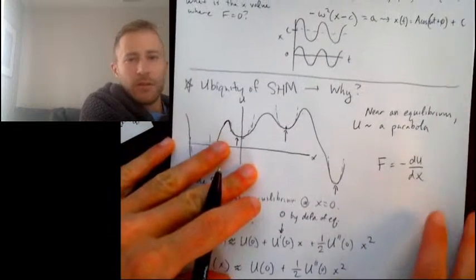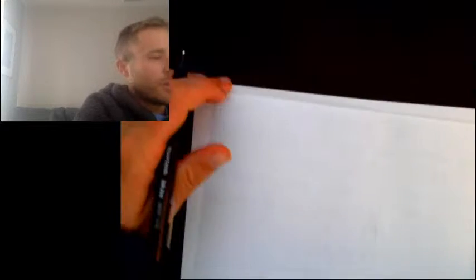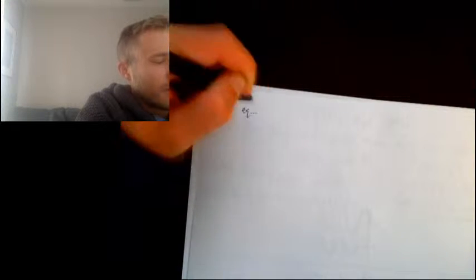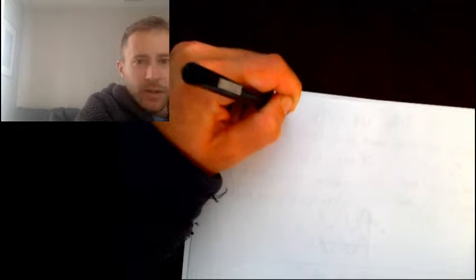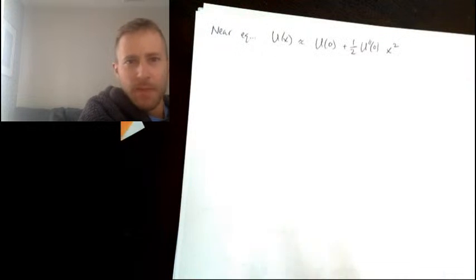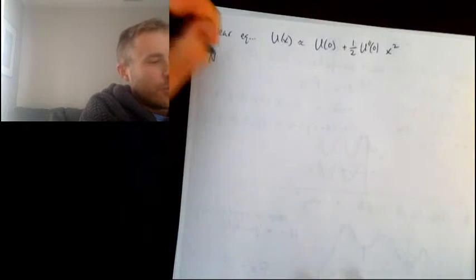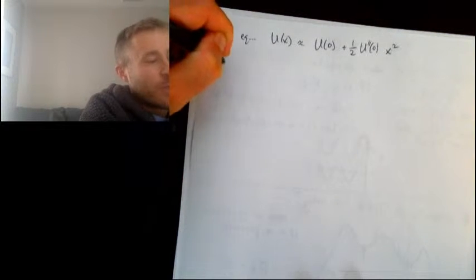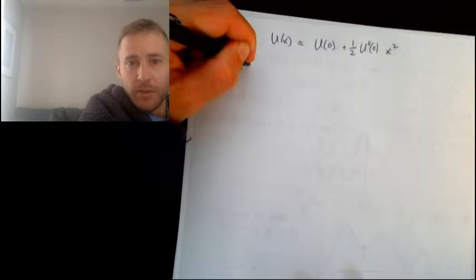Okay. Flip the page. So we have near equilibrium, u of x is approximately u of 0 plus 1/2 u prime prime of 0 times x squared. Okay, so now we can calculate the force near equilibrium.